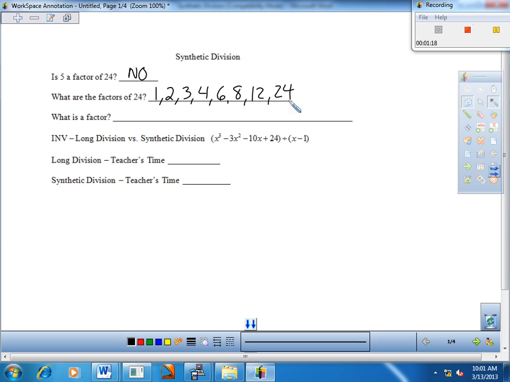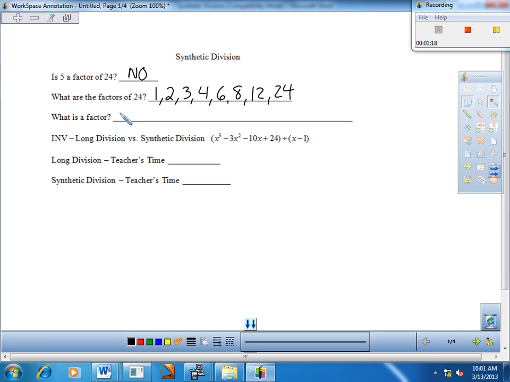So why are these factors of 24 and 5 is not? Obviously, that gets into this last question right here, and really one of the primary objectives of today's lesson is dealing with factors. So what is a factor?